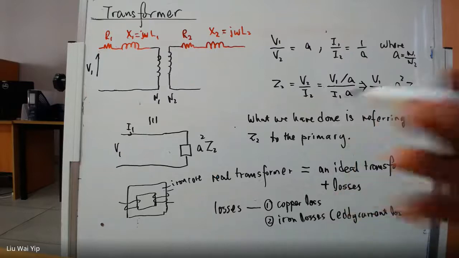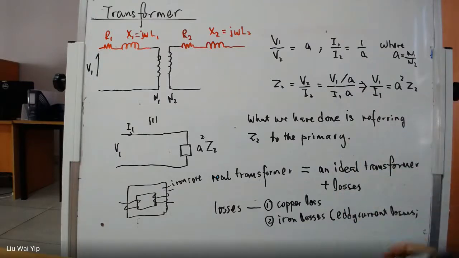Another element is the magnetizing loss, the so-called hysteresis loss. So these two losses also contribute to the transformer's efficiency issue.